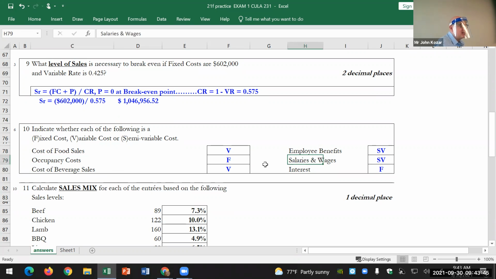So just like salaries and wages together are considered semi-variable. But if I had salaries separate, what kind of cost is that? Fixed. Okay, then interest is a fixed cost.